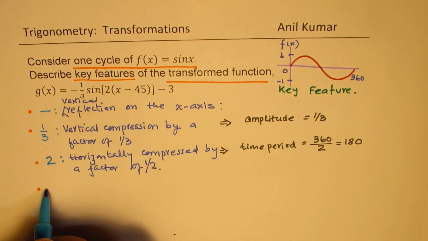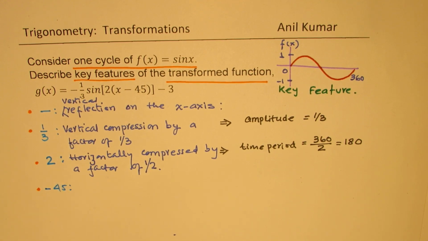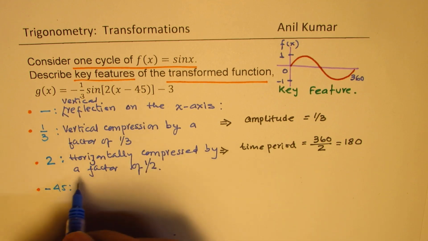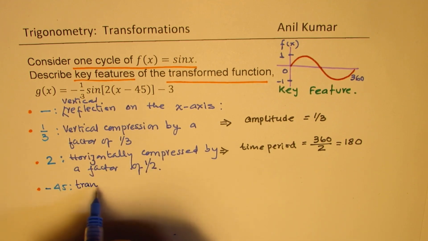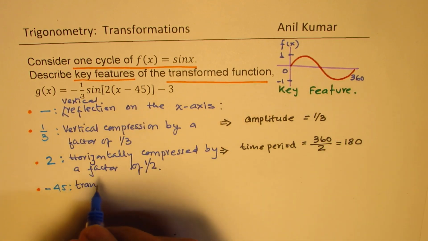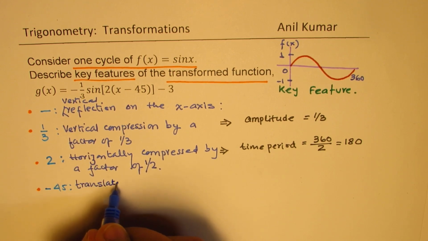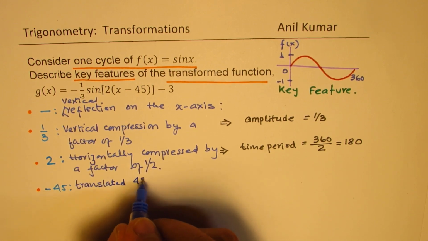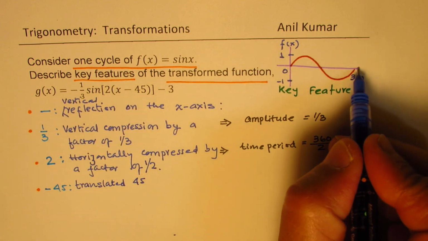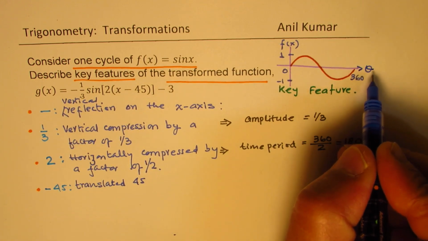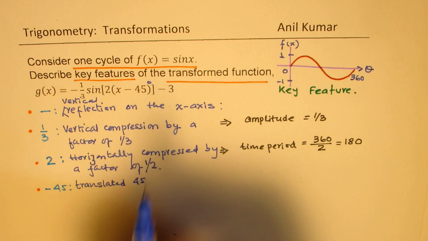Then we look into minus 45. Now minus 45 means that the wave which we are talking about will be translated 45 to the right. In this case, along the x-axis we are taking angle theta in degrees, right? So this is actually in degrees.